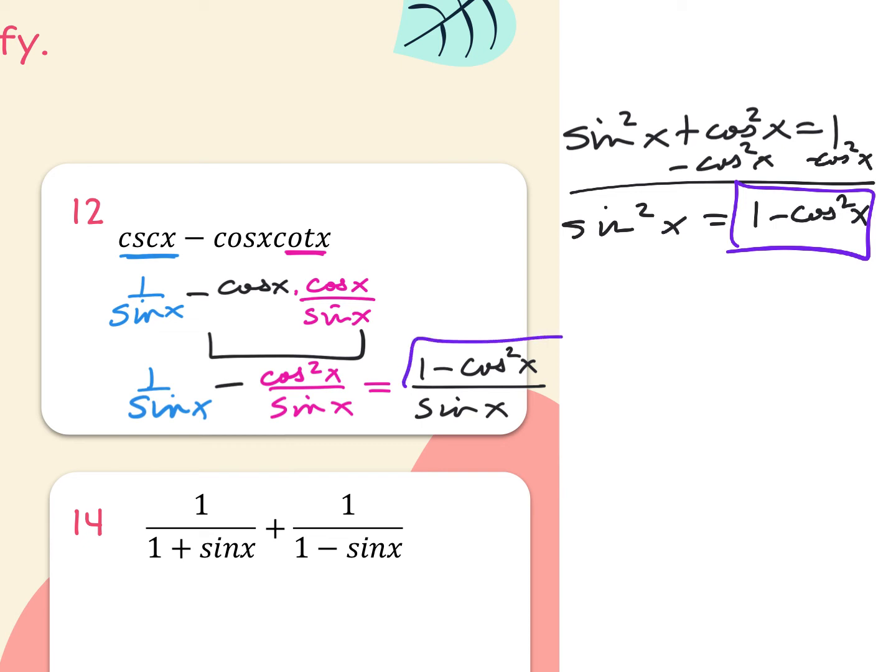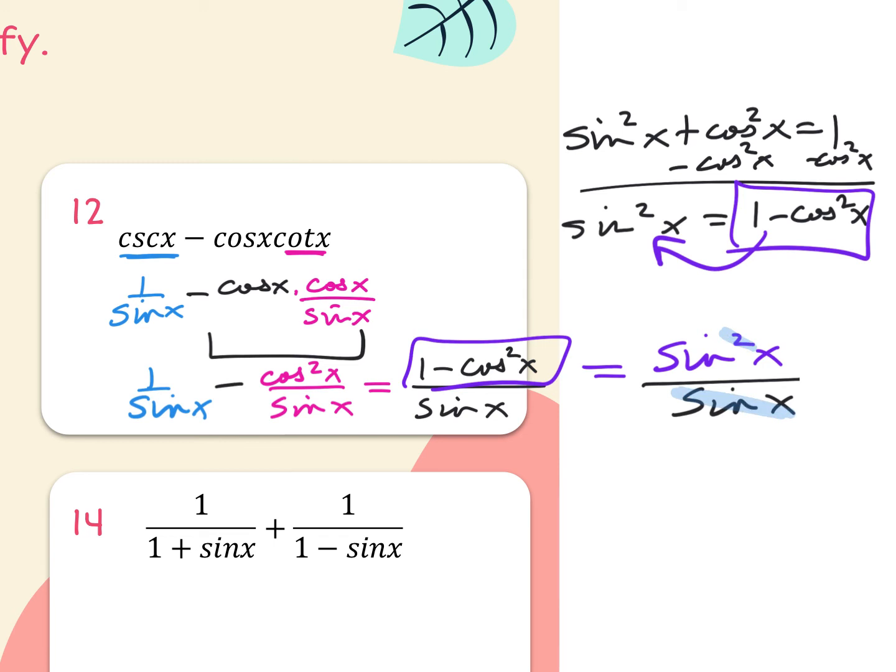I've taken this out, and I'm going to replace it with sine squared x. So sine squared x over sine x, and now I can simplify my fraction. The square goes away, and this becomes a 1. So then this becomes sine x as the final answer.